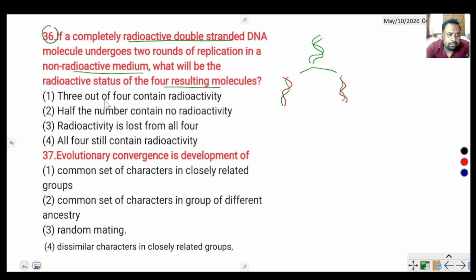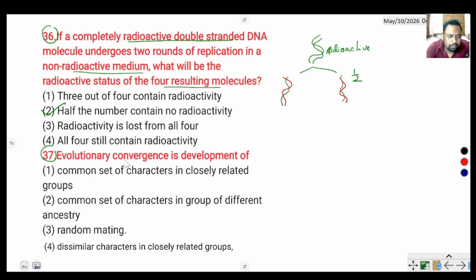So half of the molecules contain radioactivity; this part is radioactive, this part is radioactive. So in the first generation, half of the DNA contain no radioactivity. Correct option.